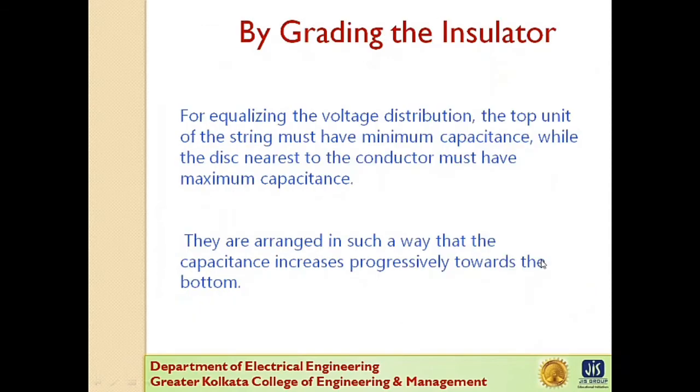But this method has a disadvantage: a large number of different sized insulators are required. However, good results can be obtained by using standard insulators for most of the string and large units for those near the line conductor.